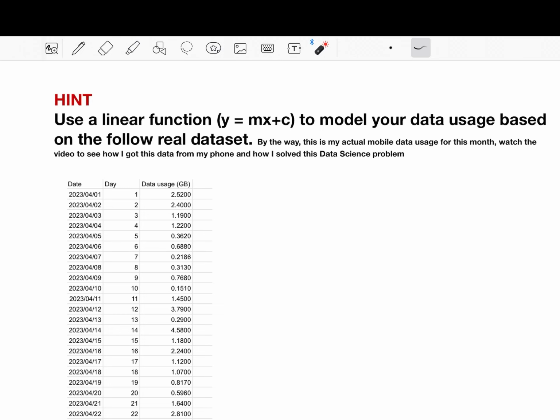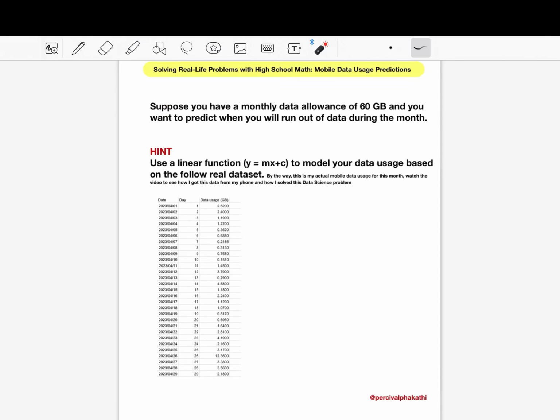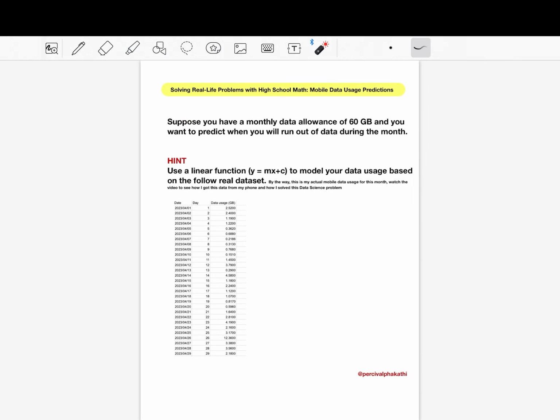This is a data science problem, and if you understand this basic problem, you will be able to solve other complex problems. So pause the video and try to solve this problem yourself, and let me know how far you went.